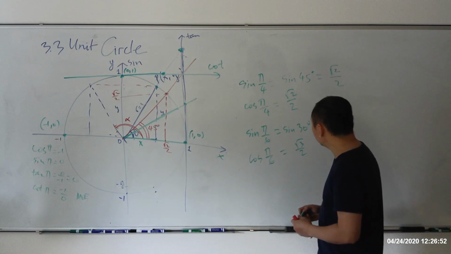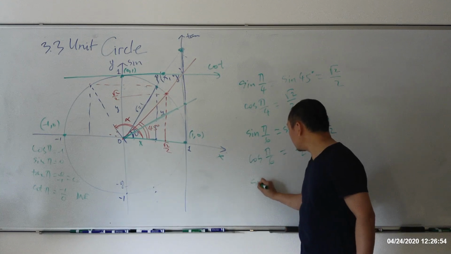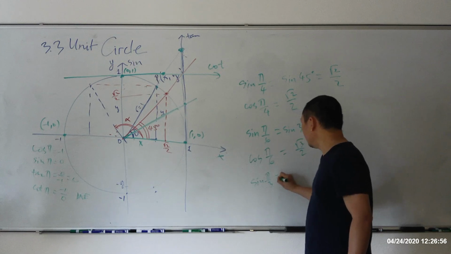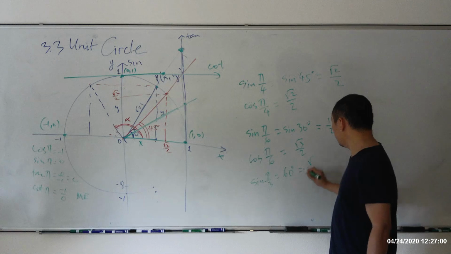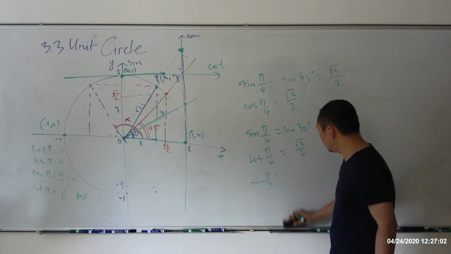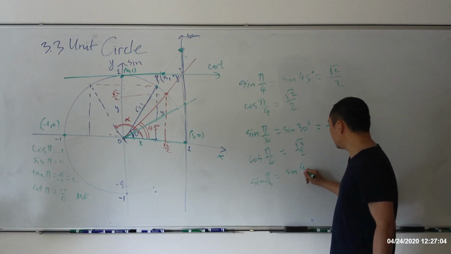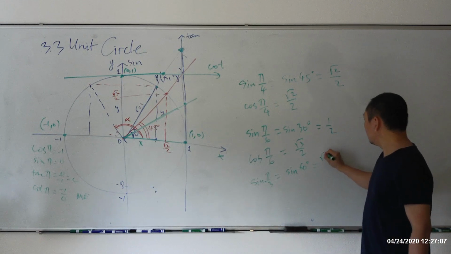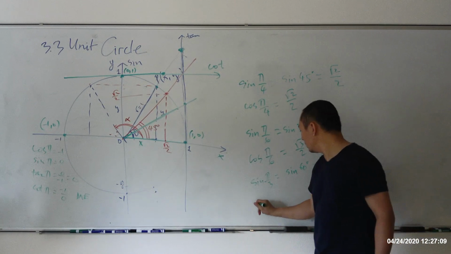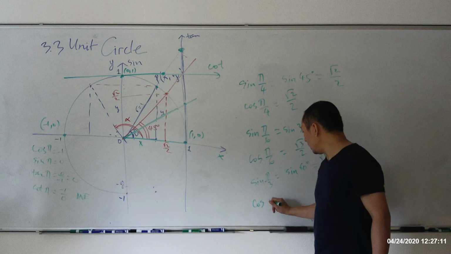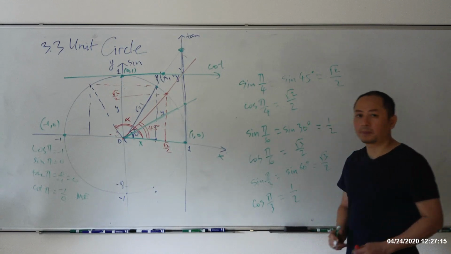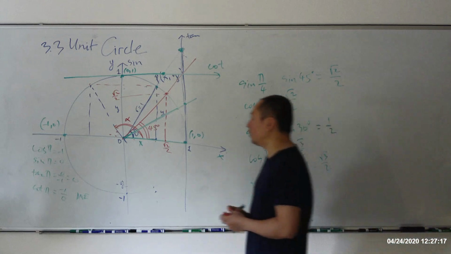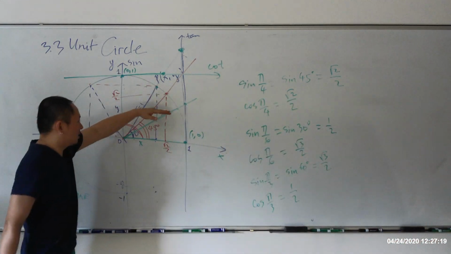Then another one, how about sine of pi over 3, where pi over 3 is 60 degrees. Sine of 60 degrees is root 3 over 2, and cosine of pi over 3 is 1/2. You only need to learn the angles of quadrant number 1.